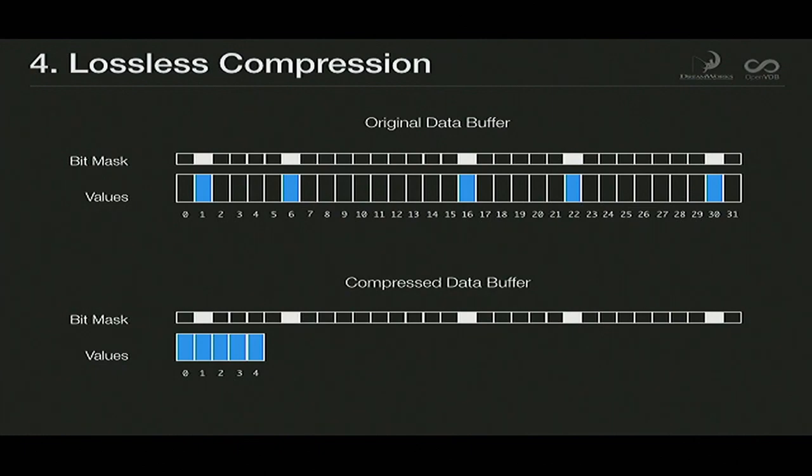Another very nice feature is we can use the bitmask for compression. So when we write stuff out to disk, if we know what an inactive value corresponds to, and there are many applications where this is the case, often that's the background value, we're using the bitmask as the compression key, the codex key.